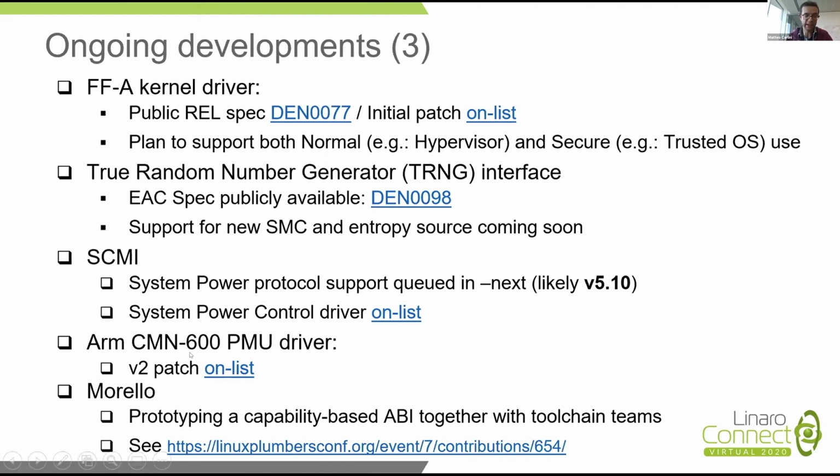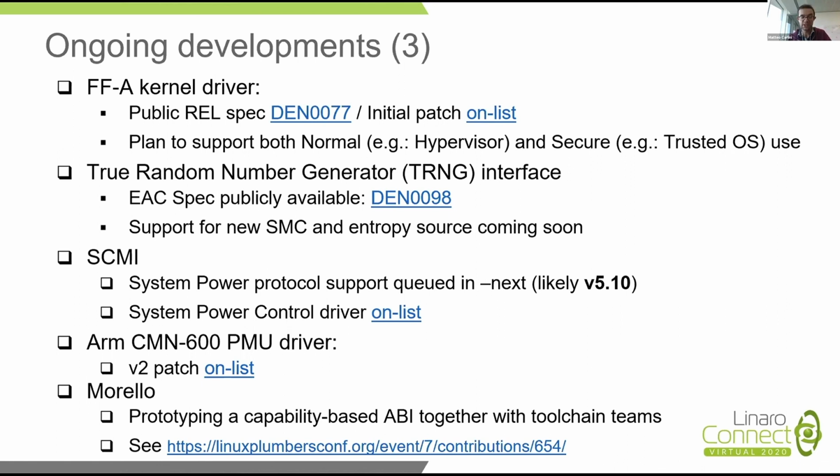And last thing I would like to mention is around Morello. So Morello is a research project sponsored by ARM. I'm not going to spend too many words here. From a kernel point of view, there is an investigation activity for basically understanding how the capability-based ABI could be enabled in the kernel.